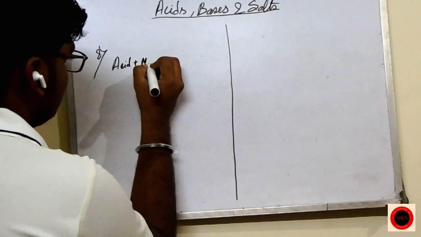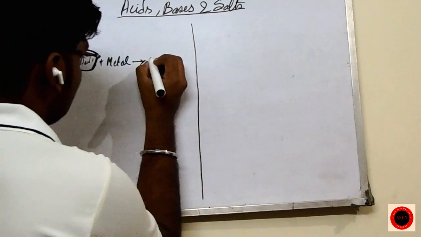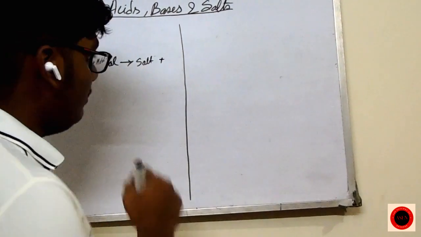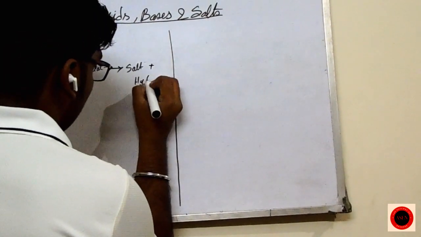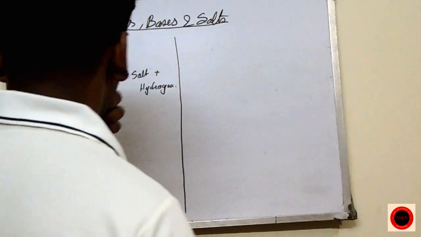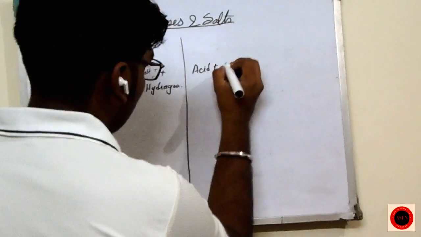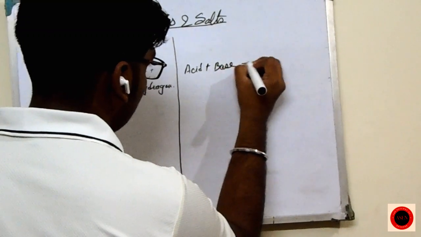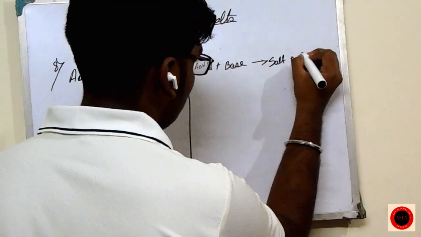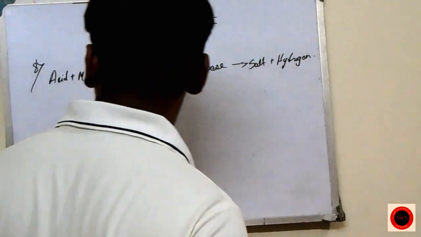Acid plus metal, salt will be released, a salt will be formed, plus hydrogen gas will be evolved. In the same way, if base is added to any metal, that will result the same, salt will be formed plus hydrogen.